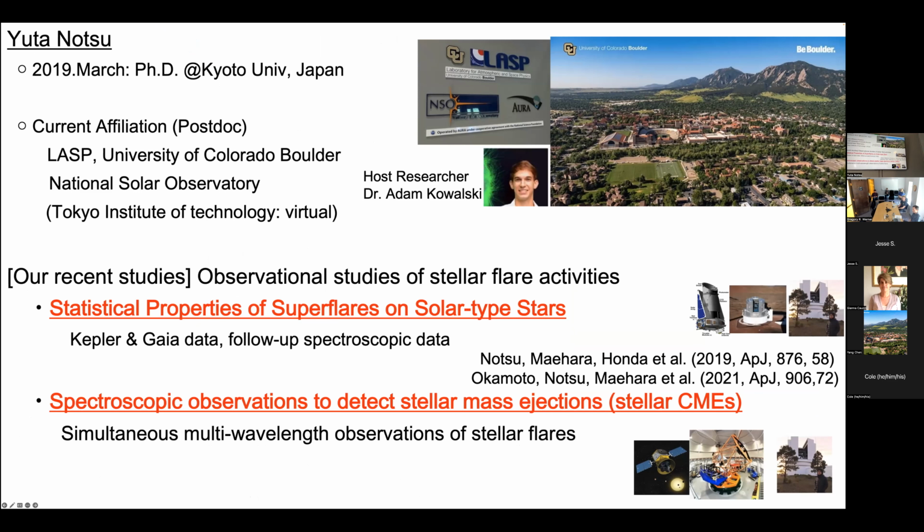Our recent studies are observational studies of stellar flare activities based on solar knowledge. Mainly I'm studying statistical properties of stellar flares on solar-type stars, and also, recently, much more interesting spectroscopy observations to detect stellar coronal mass ejections. I will explain more in detail later.